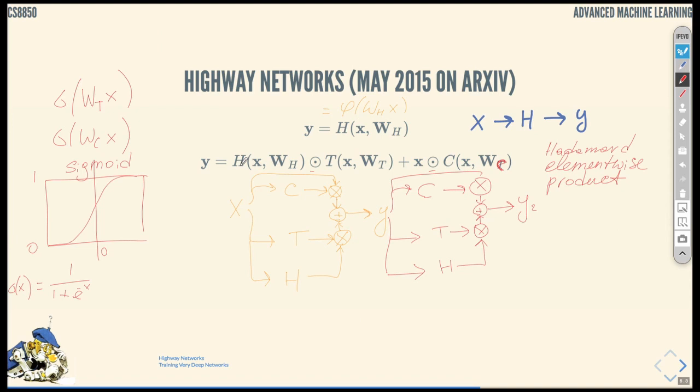We add the original input x to the result of the transformation. If all of the transfer gates are open, they all are ones, and all of the carry gates are open, they all are ones, then we're passing our x through a layer transformation, but then adding the original x so no information is lost.